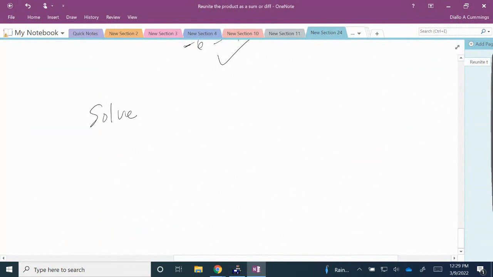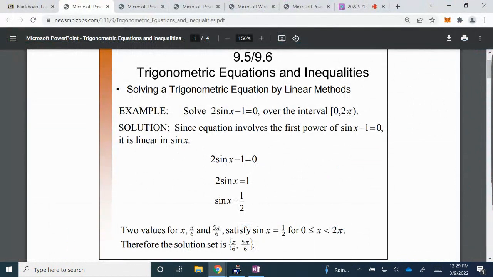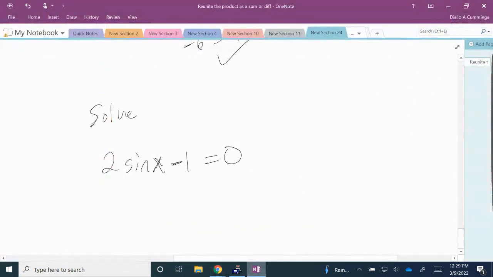So we want to solve 2 sine x minus 1 is equal to 0.